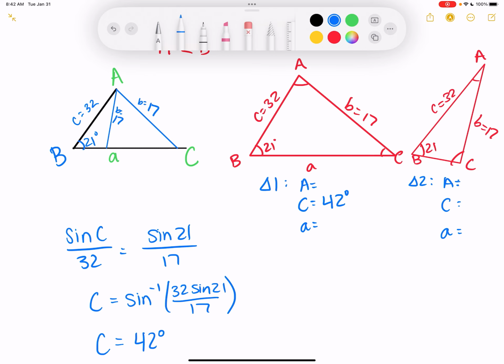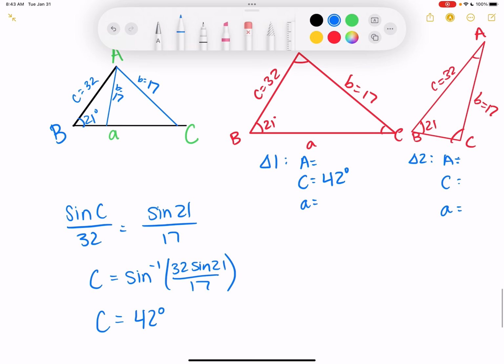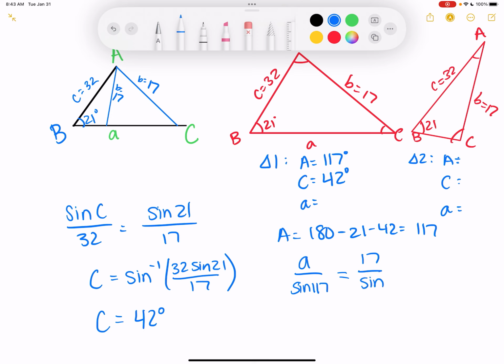So then to find angle A, I can do 180 minus 21 minus 42. That's 117 degrees. And then I need to find side A, so that's going to be A over the sine of 117 is equal to, again, I'm going to use given information, so I'm going to use B, so 17 over the sine of 21.